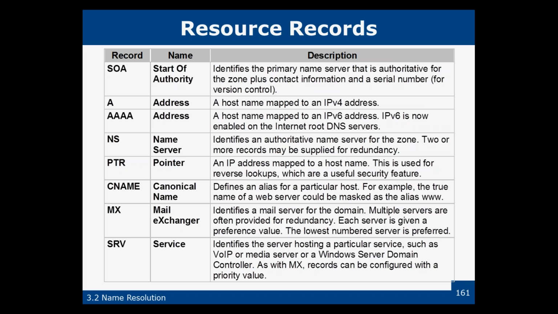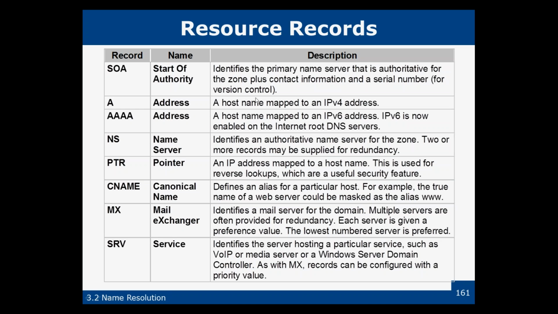The MX is the mail exchanger record, and when you have mail records, you have two of them. One is the MX record that says this is where the mail server is, and the other one is an A record, how you actually get to it. SRV or service records, these are normally used in Active Directory, and they are used to identify services like Active Directory or a registration server or something like that.